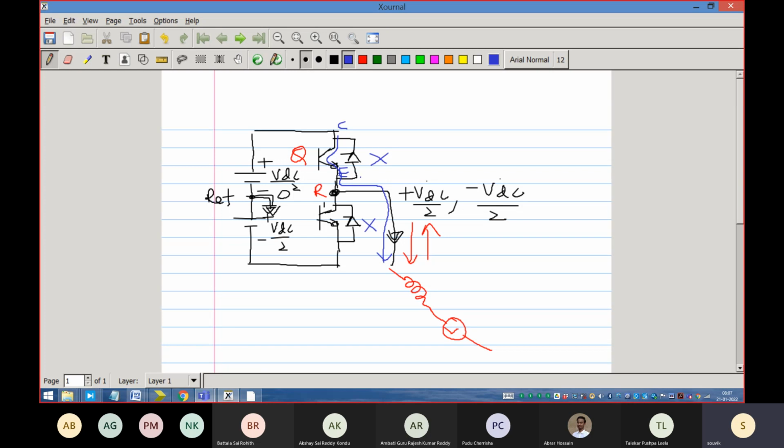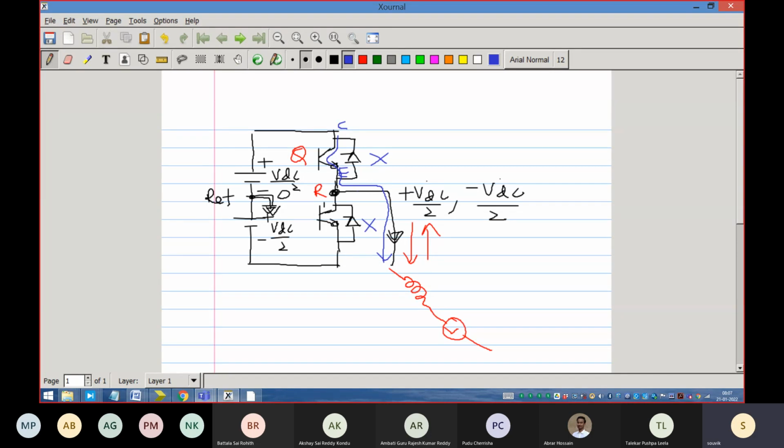A MOSFET is a majority carrier device. The IGBT is closer to a BJT, so it is a minority carrier device, and a minority carrier device doesn't allow the current to flow in the reverse direction. A majority carrier device allows it, because it is like a channel. That's why the name is drain. When the channel is open, electrons can flow in either direction.